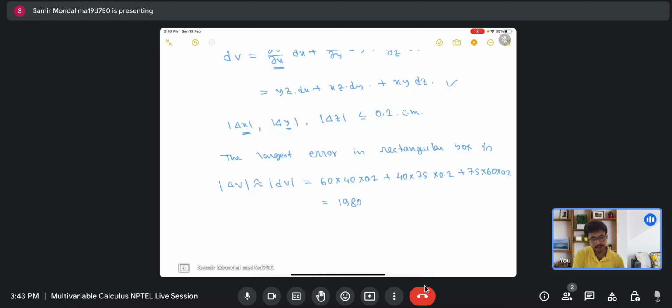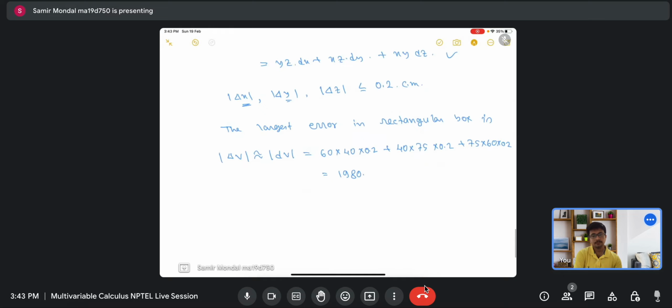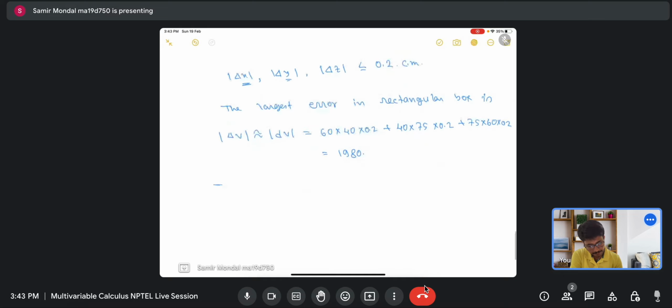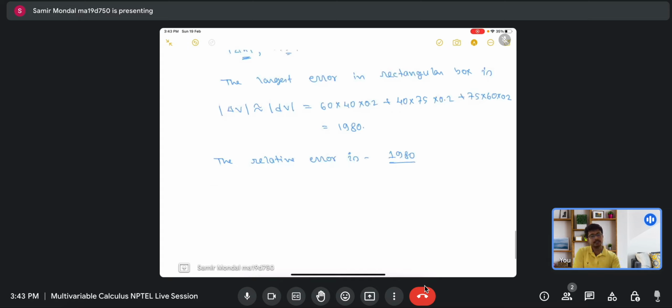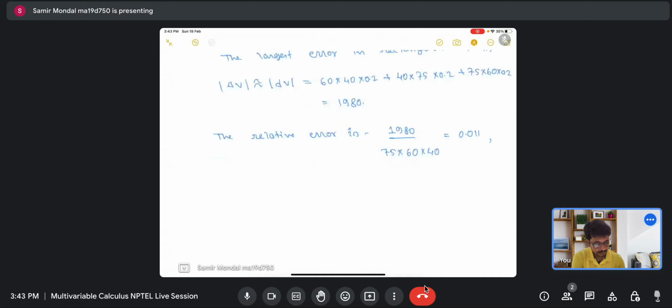If you calculate, we will get 1980. So the relative error is 1980 divided by the total volume of the rectangular box, 75 times 60 times 40. This is approximately 0.01.